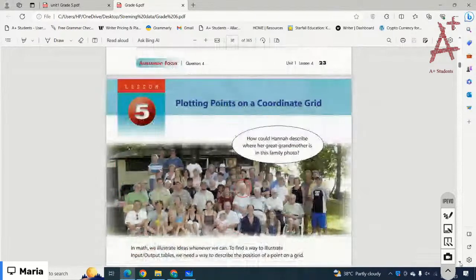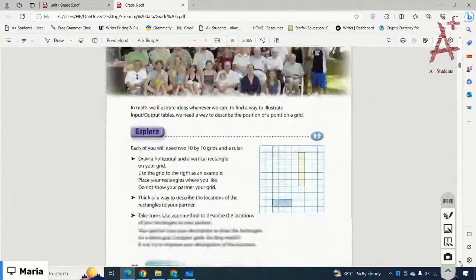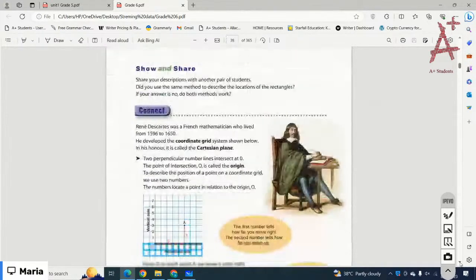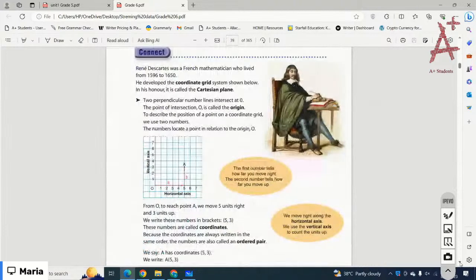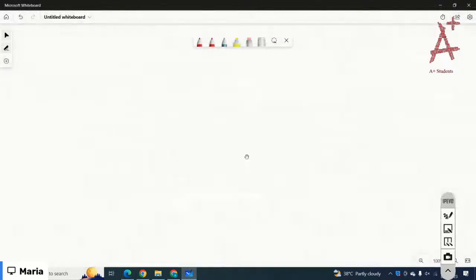That is plotting points on a coordinate grid. So let's start with the lesson. First of all, you have to understand what the coordinate grid is, right?